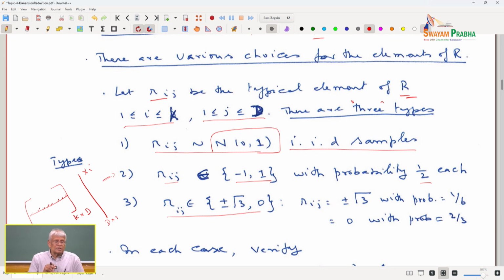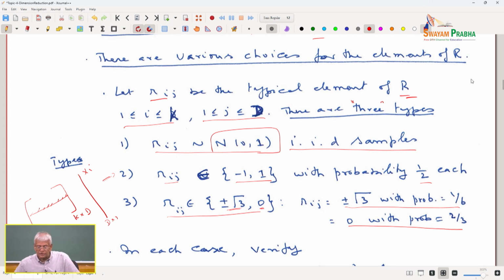The total number of elements in an n by n or m by n matrix is either n squared or mn. So if I can make sure a large fraction of the elements are 0, multiplying by 0 doesn't take any time. So Rij takes the value 0 with probability 2/3. It takes the value plus or minus square root of 3 with probability 1/6.